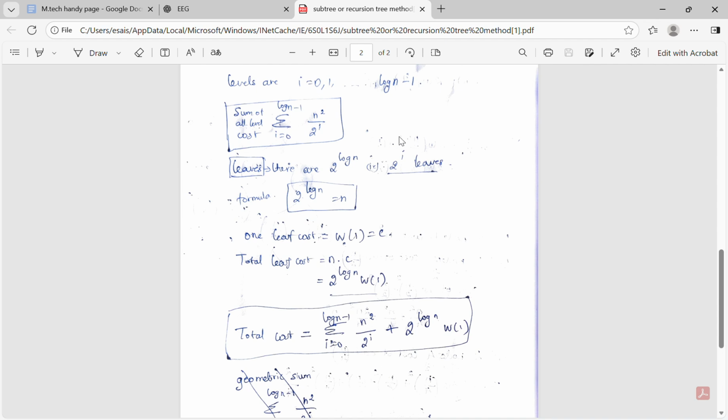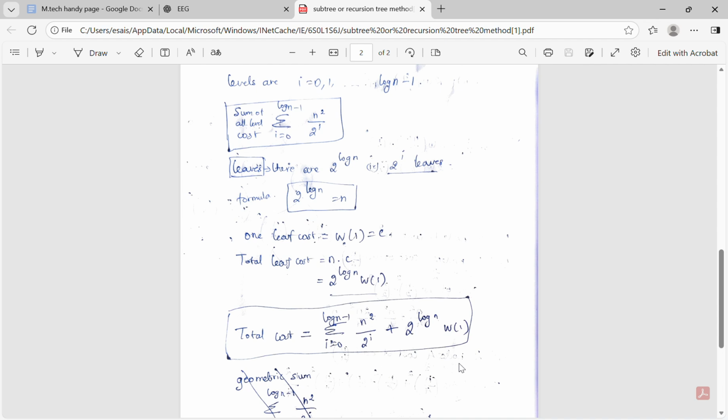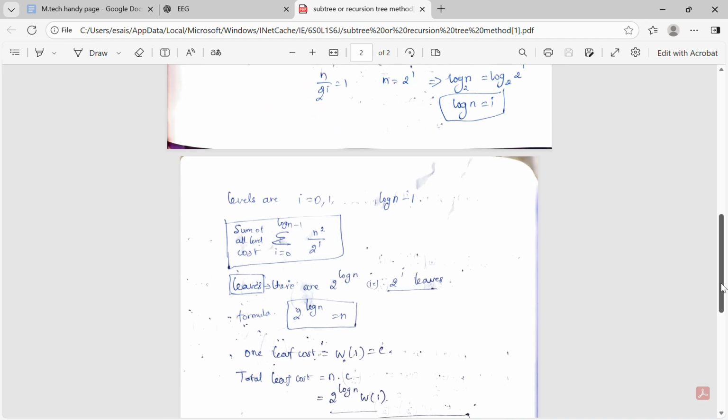In the leaves we'll have 2 power I leaves. If any other problem gives us 3 power I leaves, then we should add 3 power I here. So we know I is log n, which we found here.